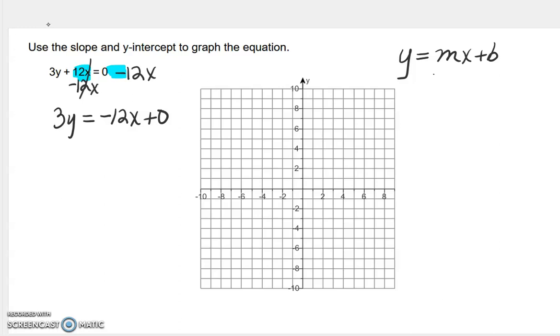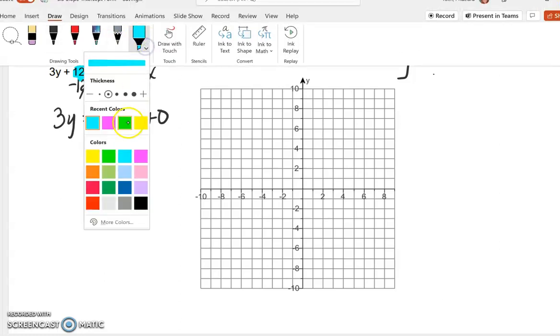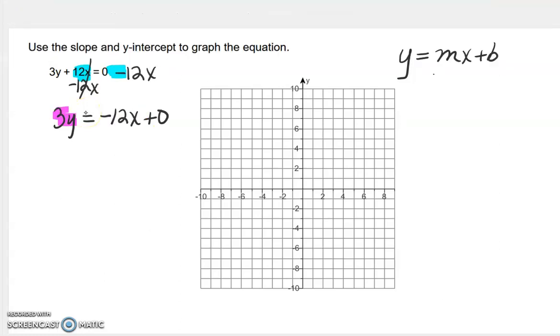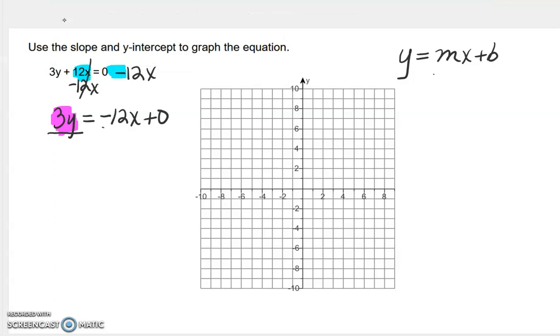Okay, so now we're almost there. We've got the x on the right side. We have the constant that looks like the 0 would be our y-intercept, but right here, guys, we've got a 3y going on. So we have to isolate that y. Well, pretty easy. All we need to do is just divide the whole thing by 3. Both sides.